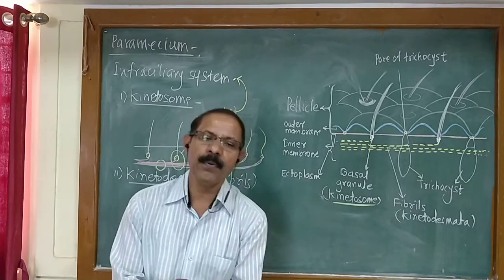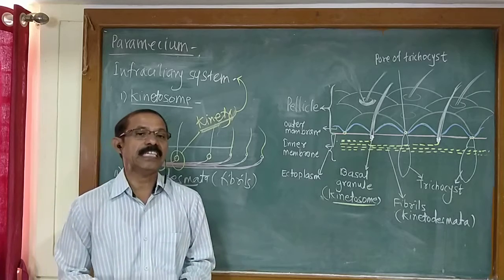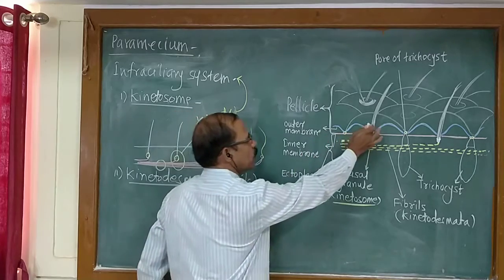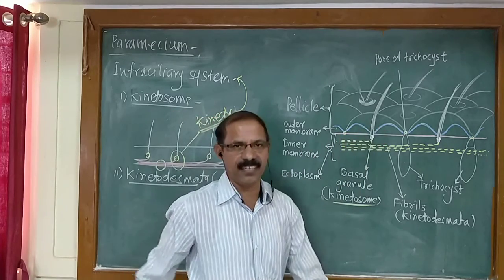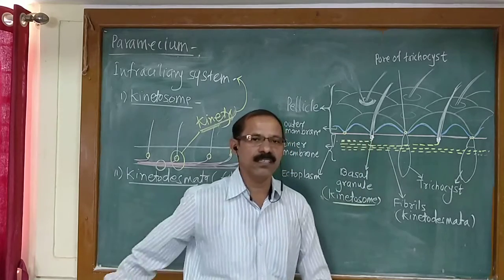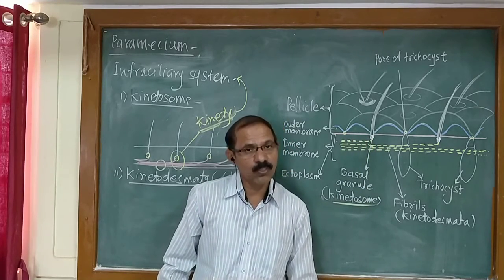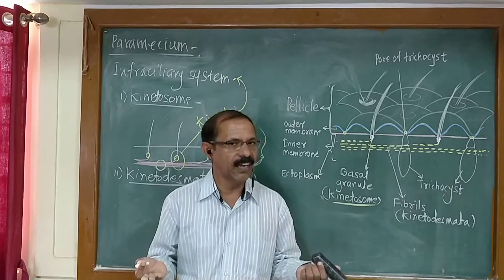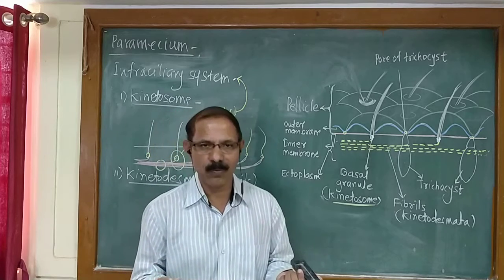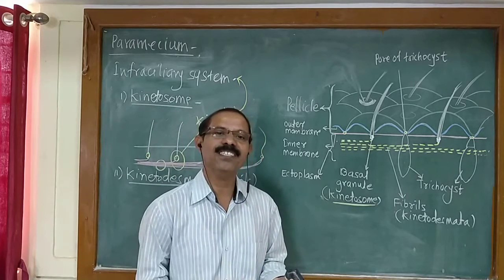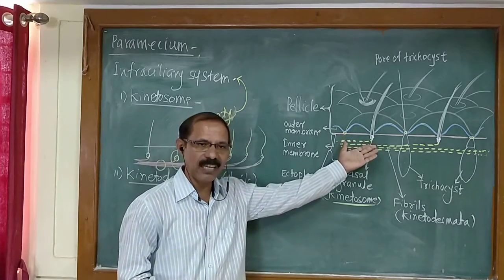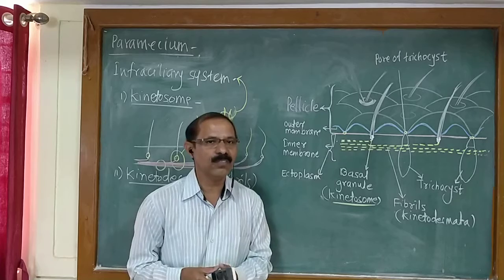What is the function of the infraciliary system? Its function is to control and coordinate the movement of cilia. The movement of cilia is coordinated by this infraciliary system. As it controls and coordinates the movement of cilia, it also controls locomotion, because cilia bring about locomotion.